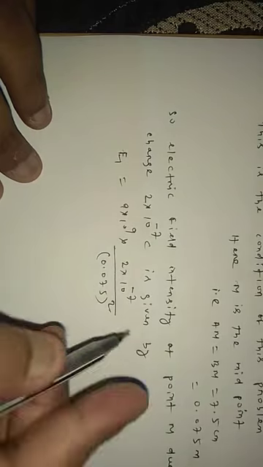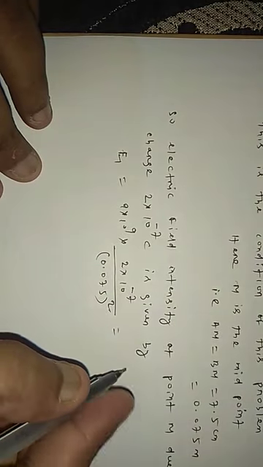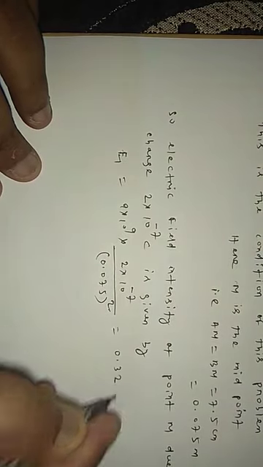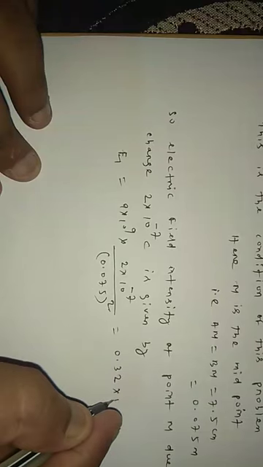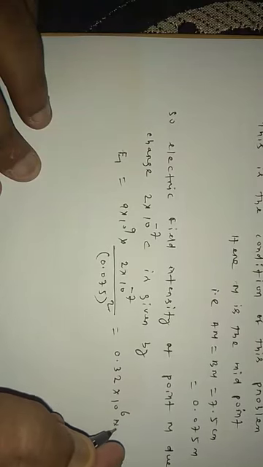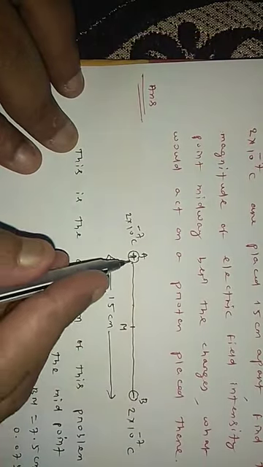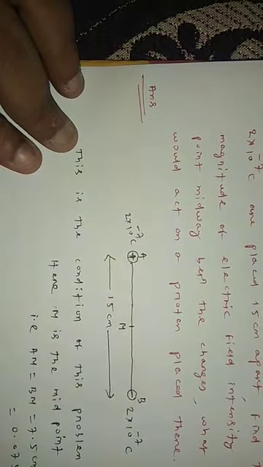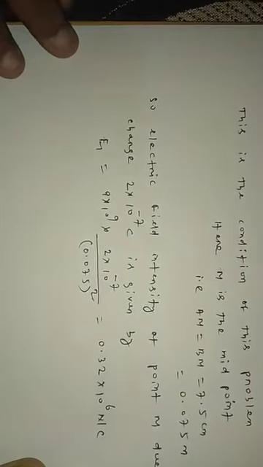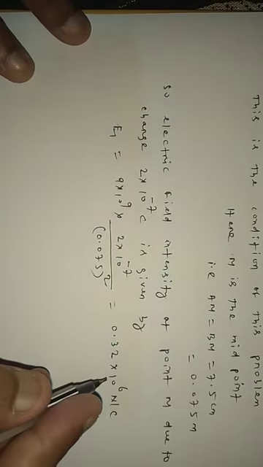So r squared is 0.0056. As this is a positive charge, the direction of electric field is repulsive, that is, towards MB, along AM.